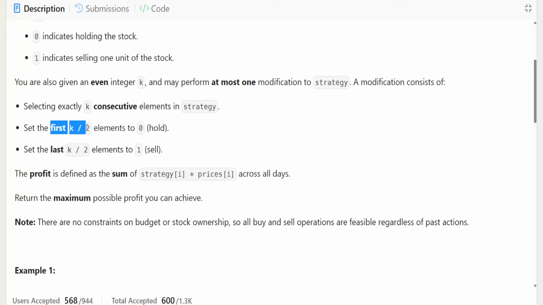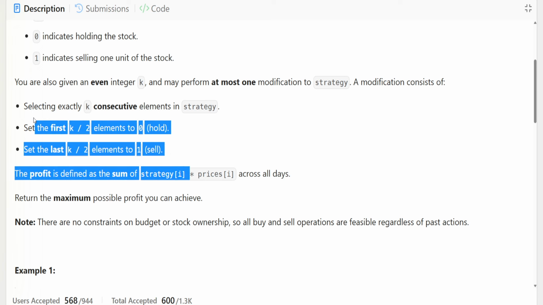So first k by 2 elements, let's suppose, are 0, which is hold. Means 0 means hold, we have seen that. So very first we have to set the first k by 2 elements to 0, and the next k by 2 elements we have to set as 1, means we are going to sell.